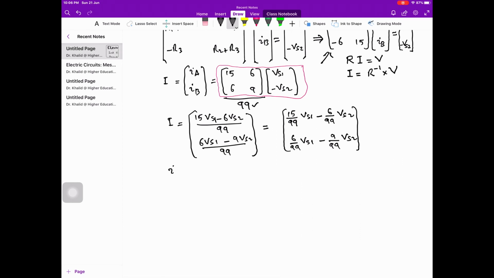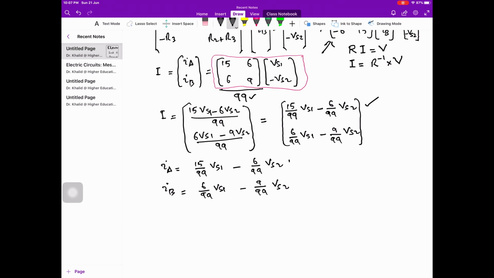Finally, we can write IA. The first element is IA. Again, I repeat, 15 divided by 99 VS1 minus 6 over 99 VS2, and IB is equal to 6 over 99 VS1 minus 9 over 99 VS2.